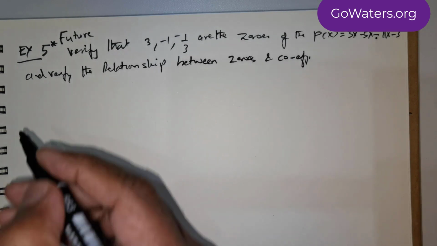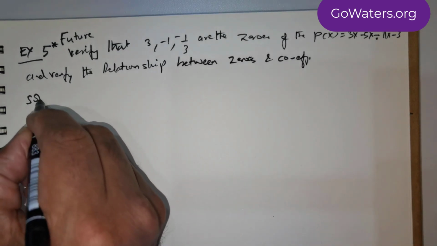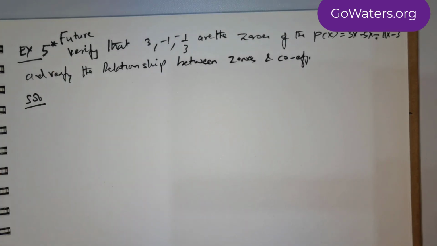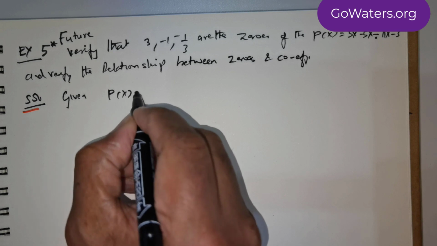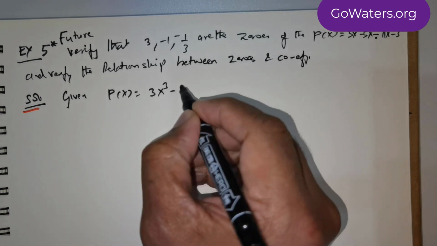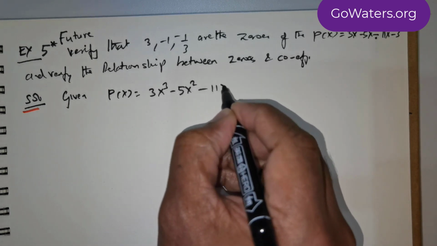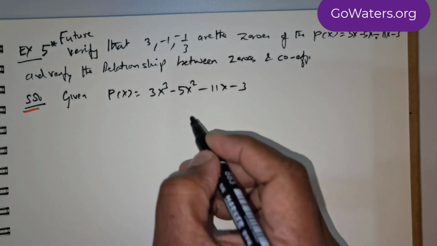This is what is required. Now solution, I'm starting the solution. Given P of x is 3x to the power of 3, negative 5x squared, negative 11x, negative 3.